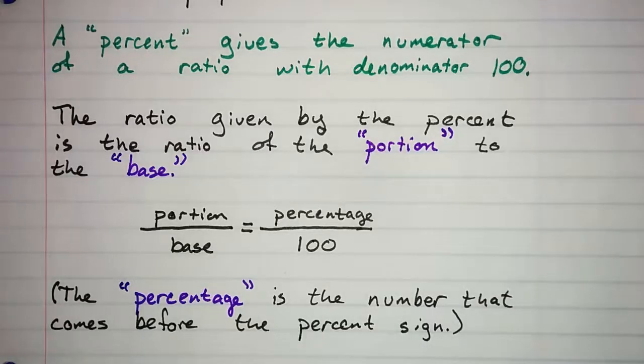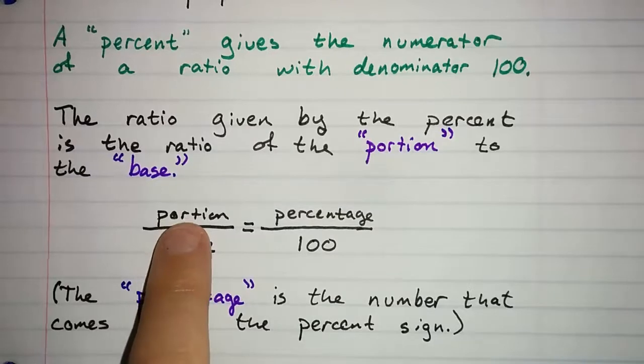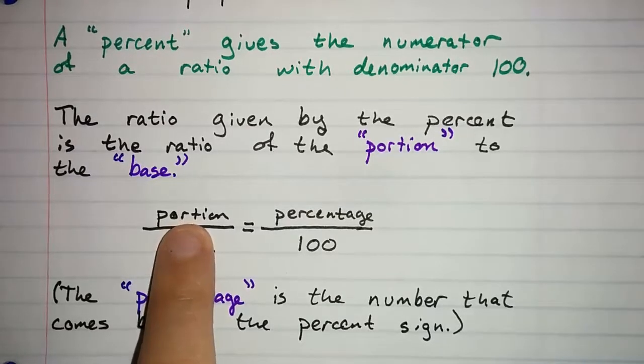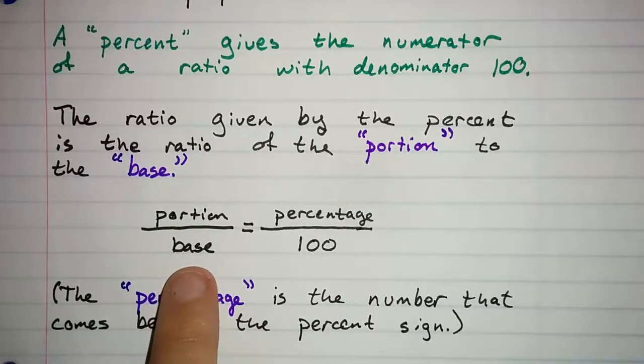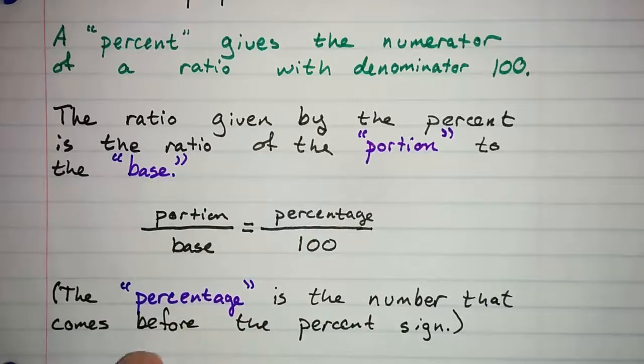Later on, we're going to talk about how in application problems we figure out what quantity actually is the portion, what quantity actually is the base. The percentage, of course, is always going to be the number that appears before the percent sign. But for the moment, let's focus on describing just what it is that a statement about a percent actually means.